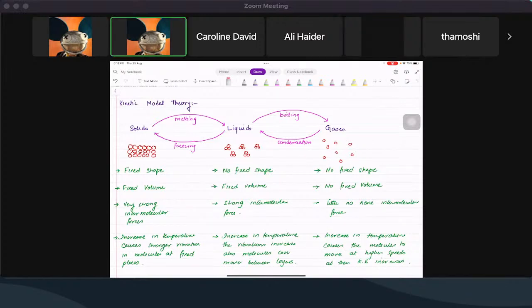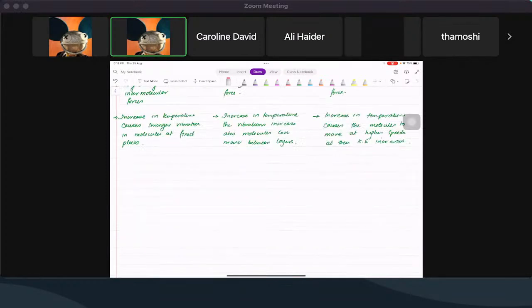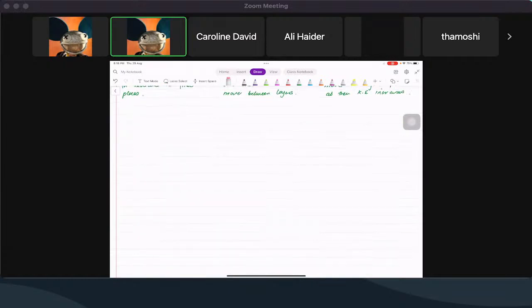So first of all, we are now going to look at what exactly we mean by temperature. Okay. So when I say temperature, temperature is defined as the measure of how hot or cold a substance is.